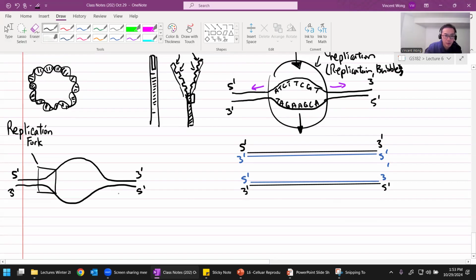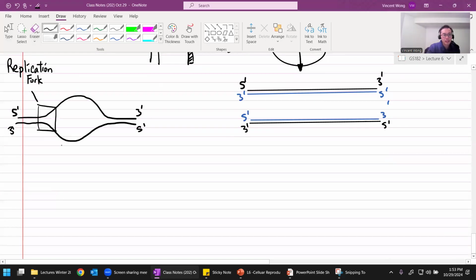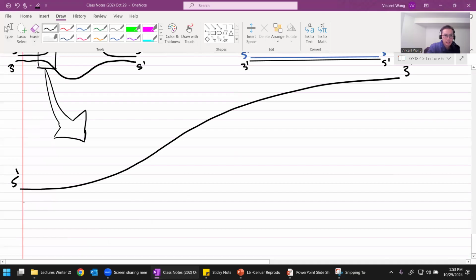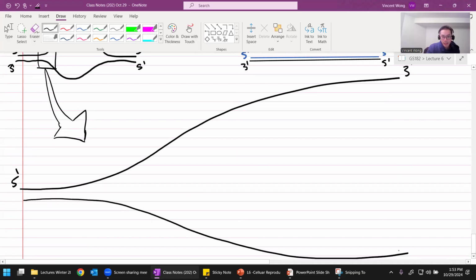There is another fork here, also a replication fork. So I'm going to zoom in here. Draw this part big, okay? We have a lot of things we need to fit on this. And then we're going to have the other side here.